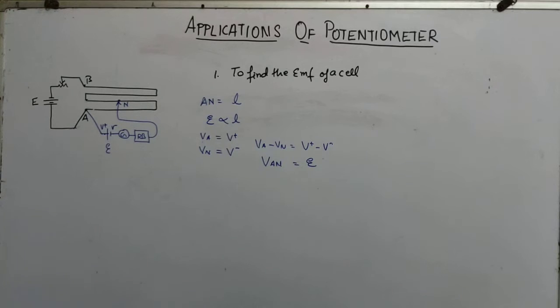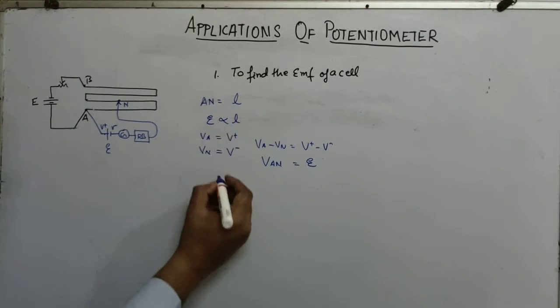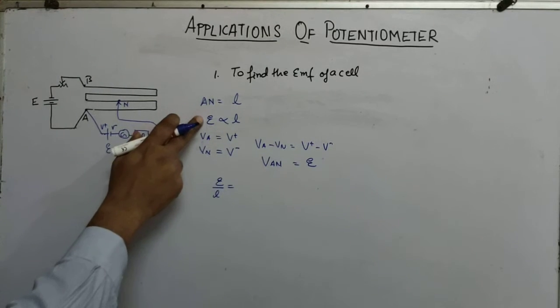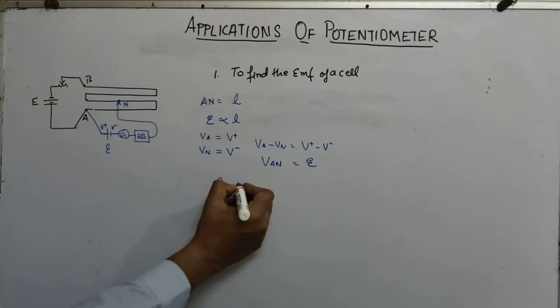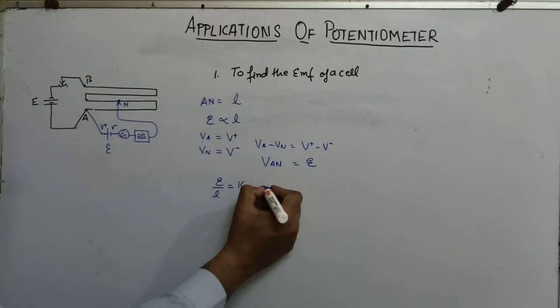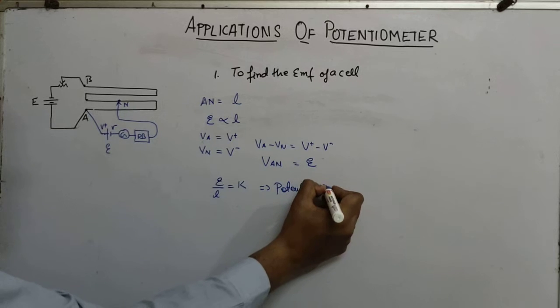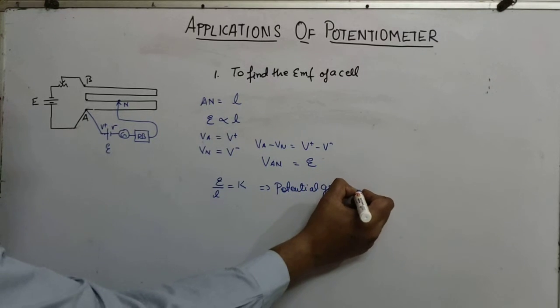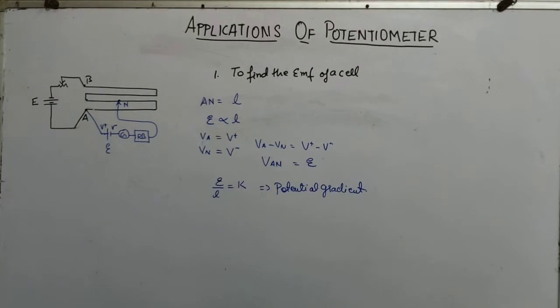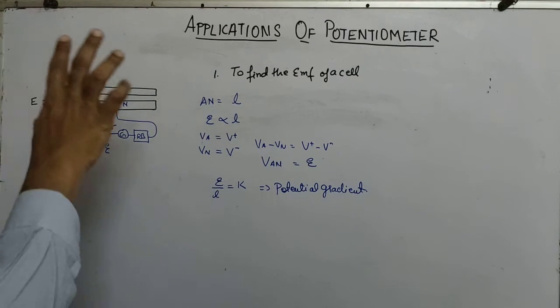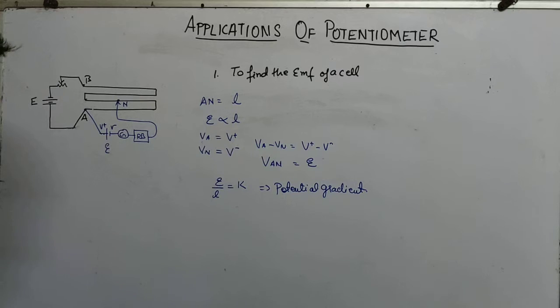Now, when I divide E with L, the known EMF and the L, I get a constant K, and this K is known as potential gradient. So the very first step to find the EMF of a cell is to find the potential gradient of the potentiometer apparatus.